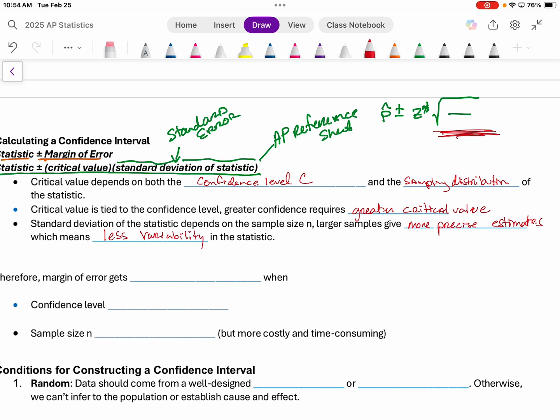Again, you think back to our sampling distributions as we went from a sample size of 10 to a sample size of 30 to a sample size of 100 to a sample size of 1,000, and we repeated it multiple times. We noticed that our distribution got more normal, more bell-shaped, but it also had less variability. They weren't as wide, they weren't as spread out.